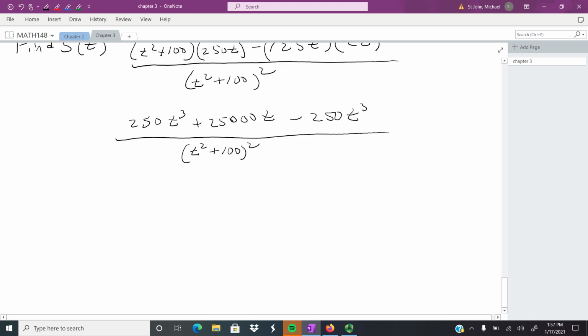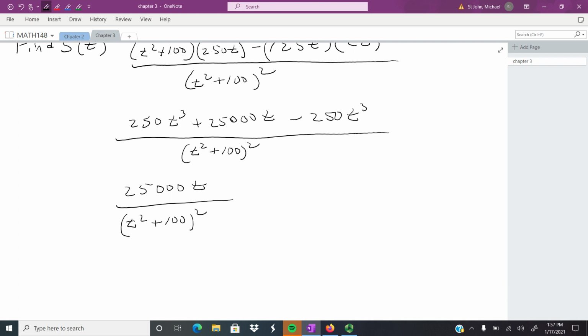And so the top part we can simplify. So this is going to give us 25,000 t over t squared plus 100 squared. So we found our derivative.